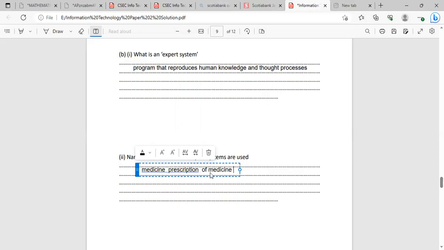The medical field, Jamaica needs so much in the medicine field. Another one is chemistry. Big up to all who do chemistry, all the very best, all right? And it can identify the molecular structure of a compound.